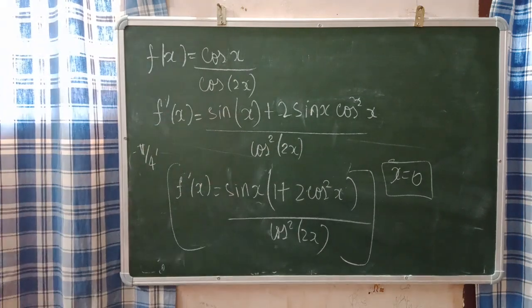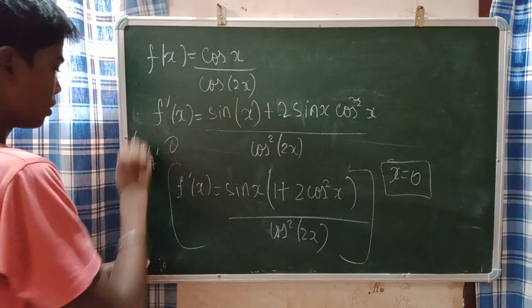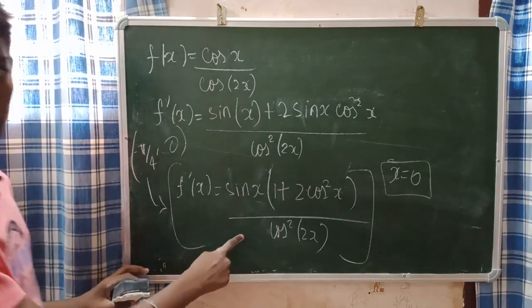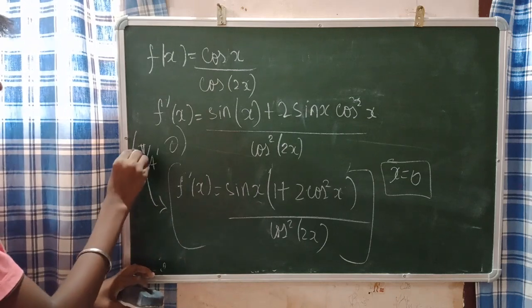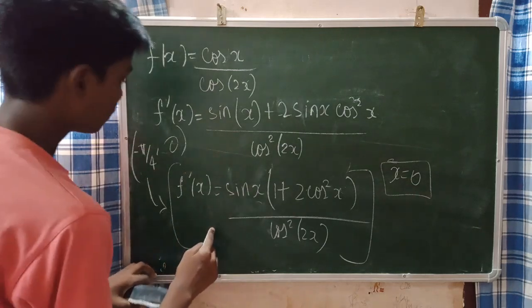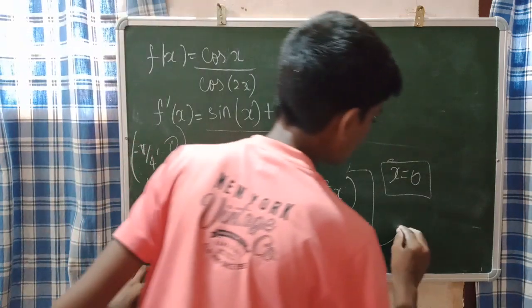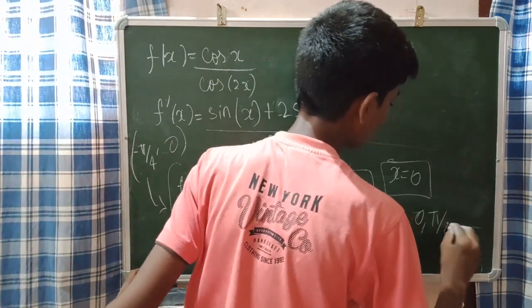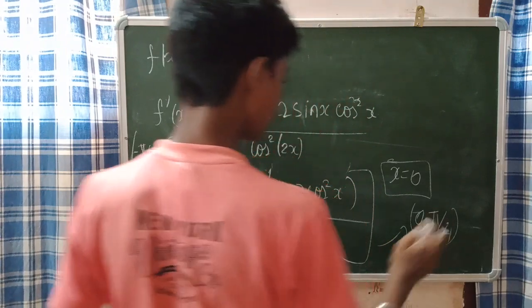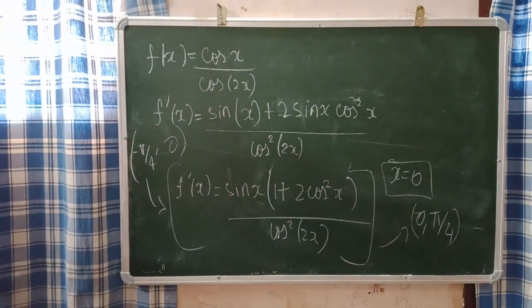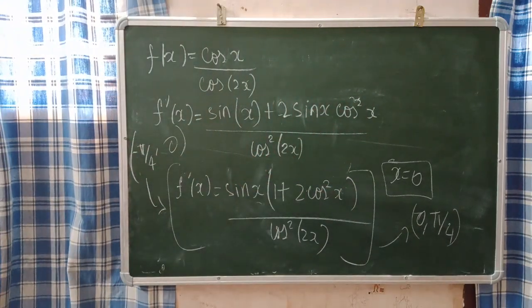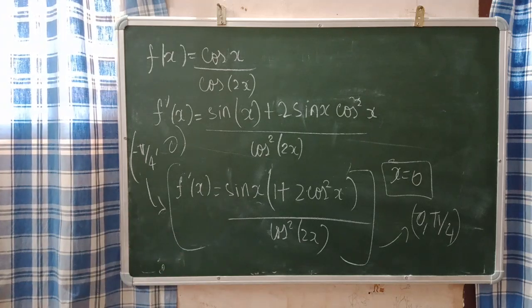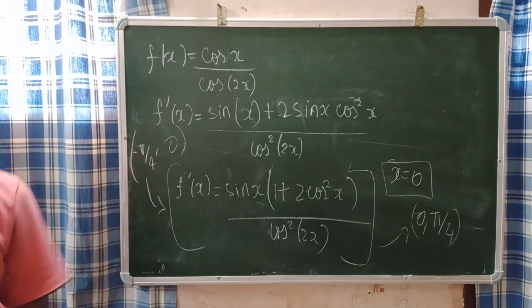From minus pi by 2 to 0, this will be negative. From 0 to pi by 4, this will be positive. And the critical point is x is equal to 0.